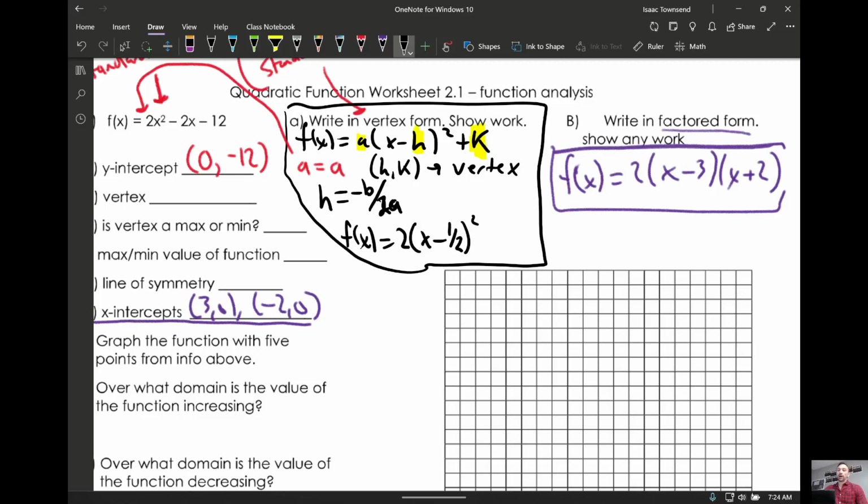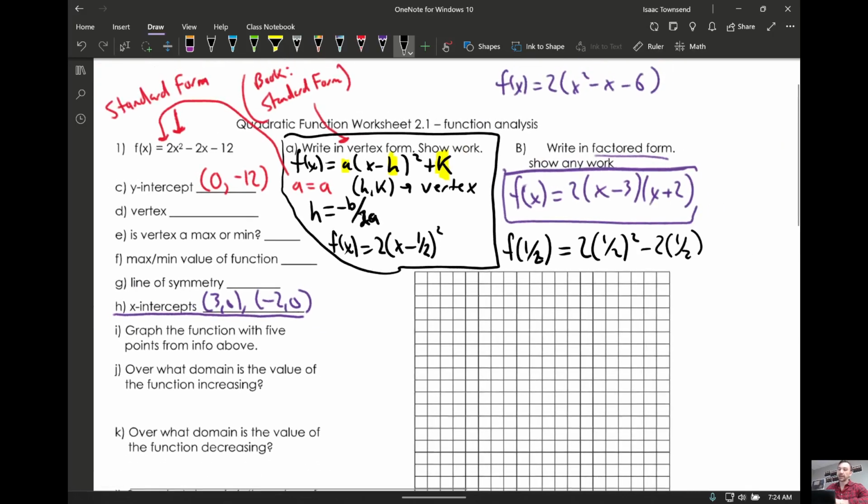Okay, to find the y value of the vertex, just like you find any point, you have to plug the x value into the function and solve for y. Just like any other point, this just happens to be one that we are interested in.